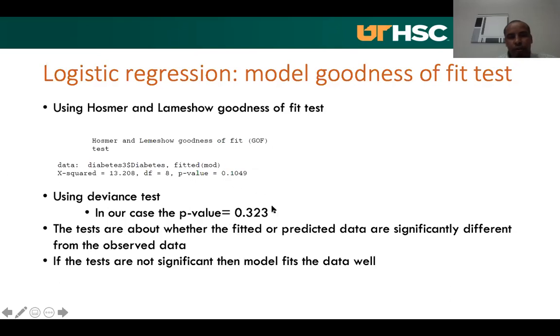If the p-value for the model goodness of fit test is significant, that means your model is not well specified or not correct, and you probably have to try other covariates. So the tests are about whether the fitted or predicted data are significantly different from the observed data. If the tests are not significant, then the model fits the data well.